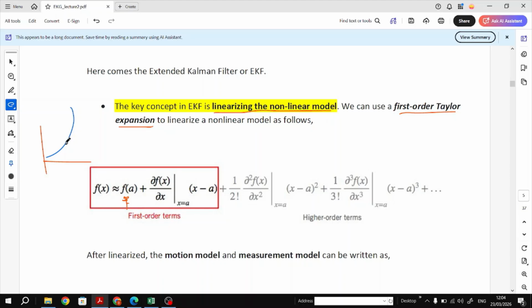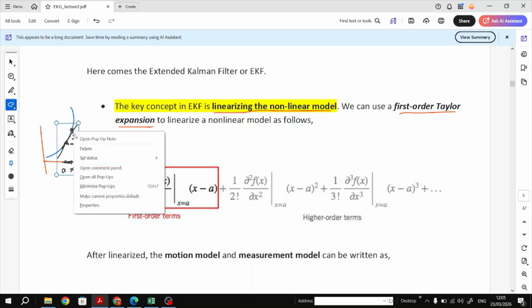We can linearize it at point A, and we take a derivative at this point A, and then we can predict this at the next x. We take the derivative at this point, and then we multiply with the difference between x and a, and that will give us the next point on this line.